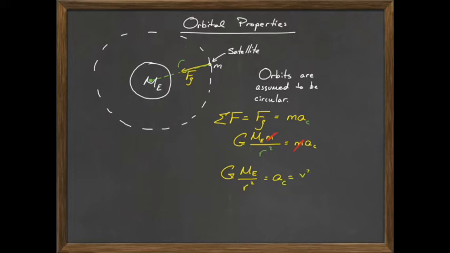And so what we're reduced to is G times the mass of the Earth over r squared, where r is our orbital distance from the center, is equal to the centripetal acceleration, which itself is the tangential velocity squared over r. Algebraically, one of these r's is going to cancel, and then to undo the square on the velocity, we're going to take the square root.